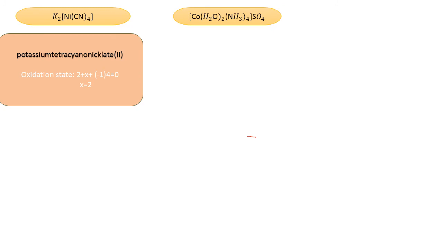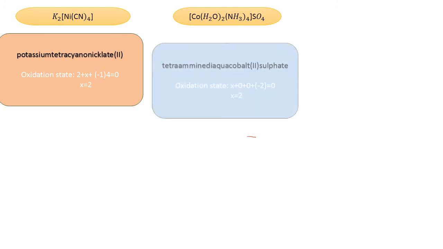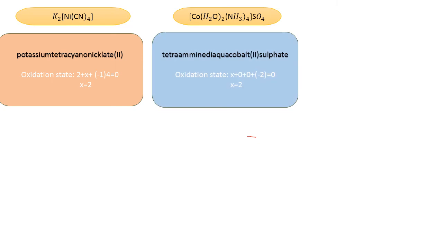In this example, the coordination sphere is a cation and the ionization sphere is an anion. Starting from alphabetical order, that is A, tetraamine diaqua cobalt 2 sulfate. Cobalt, because the coordination sphere is a cation.